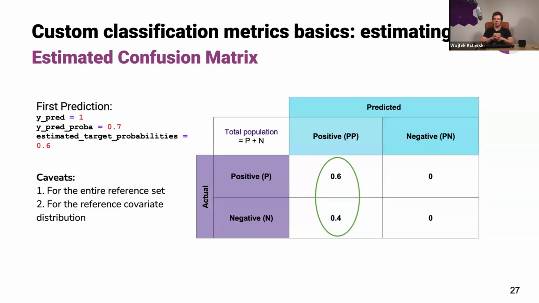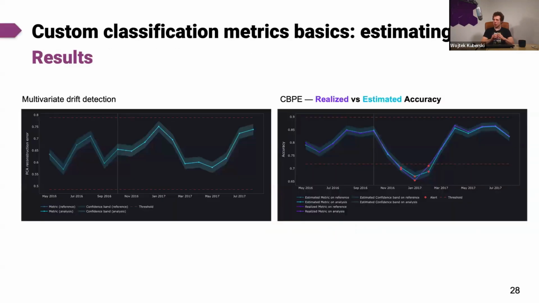But I think William is going to show how it works in practice, so you will see that it captures even stronger covariance shifts. But before we go into that, another example of why using multivariate drift detection methods is not the way to go to estimate or to find signals for dropping performance.